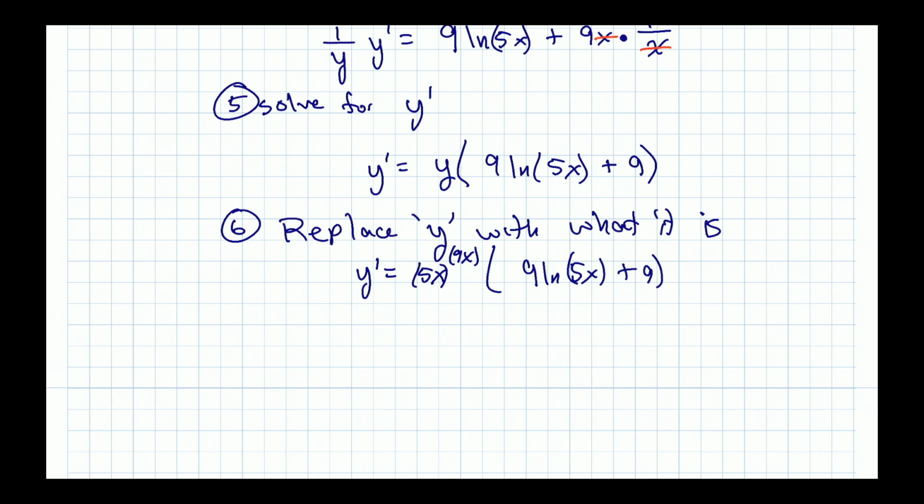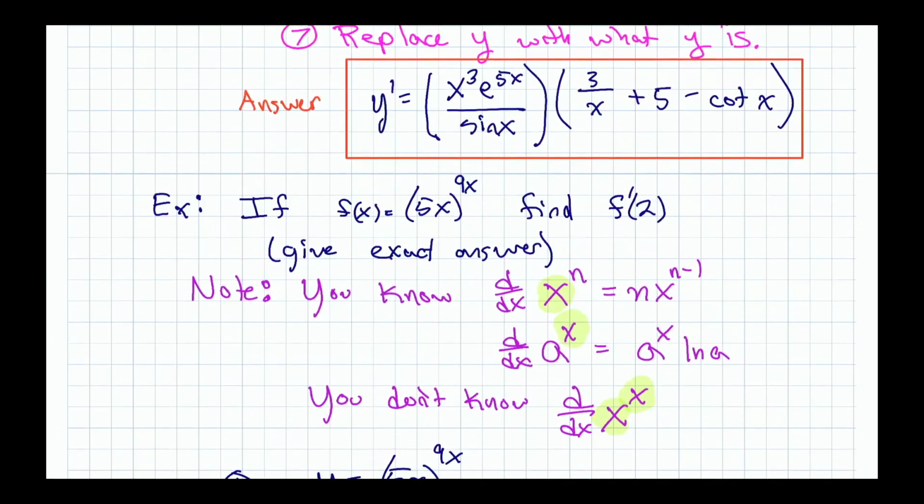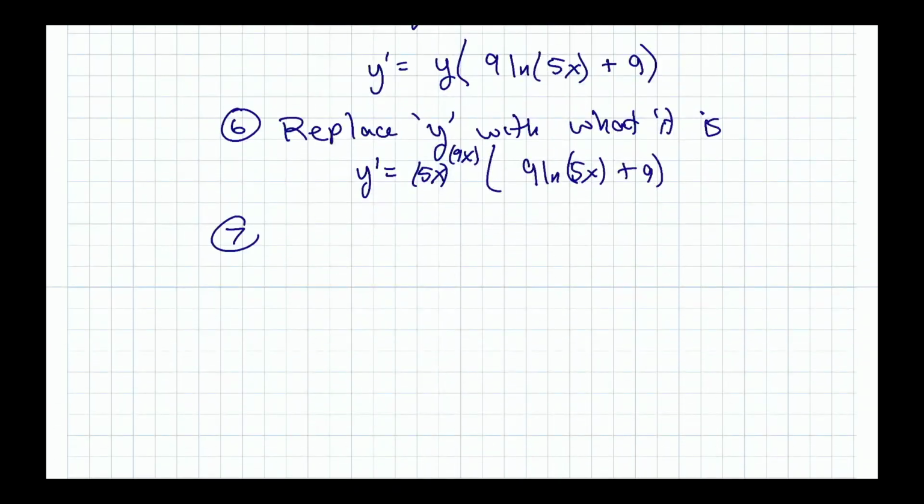And that's the derivative. So we're done with the derivative, but if you look back up at the original problem, it says specifically that we're supposed to be looking for f prime of 2. So we still need to plug in a 2. Now remember, f prime is just y prime because I renamed the function y.